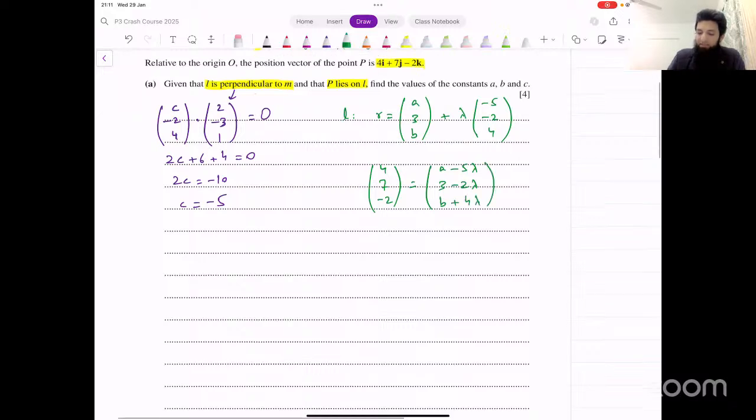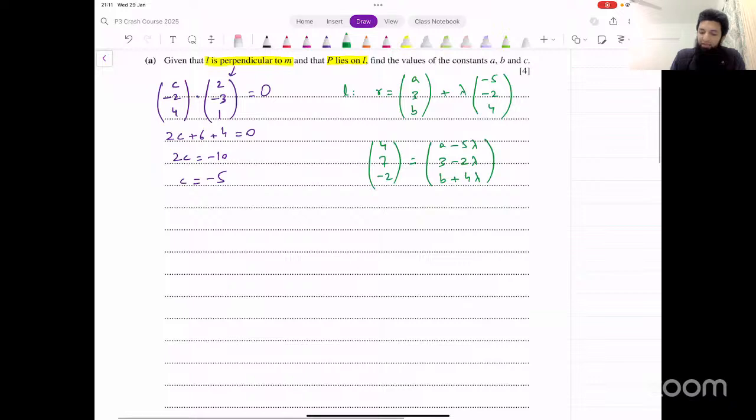Since the point does lie on the line, the values of lambda that we get from each one of these equations should be the same. So we can solve these simultaneous equations now. We can say 4 should equal A minus 5 lambda. That's one equation. 7 should equal 3 minus 2 lambda. And -2 should equal B plus 4 lambda.